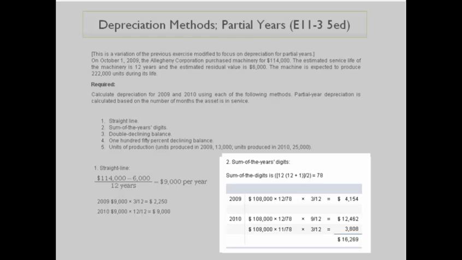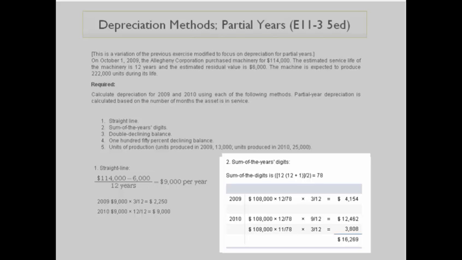and multiply that times $108,000, and then we need to move on to the next year, and we have 3 months using the next digit, which is 11. We always go down each year, start at 12, go to 11, then to 10, and so forth, assuming we had a 12-year life.